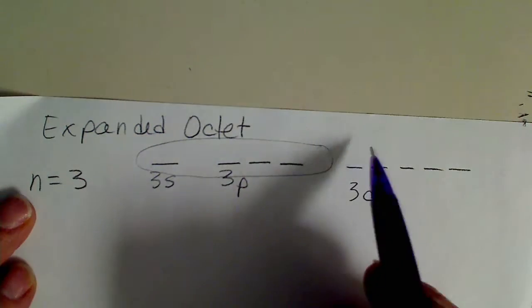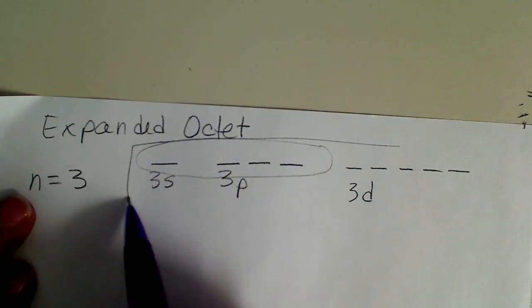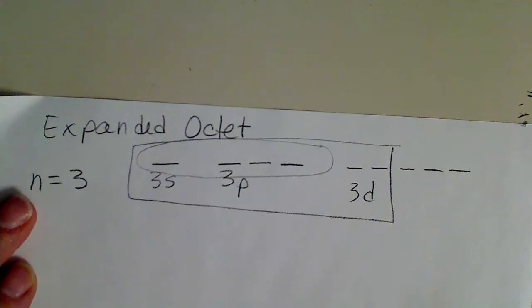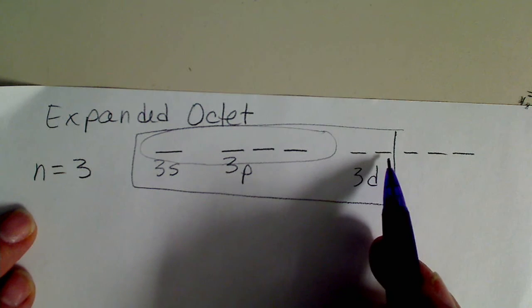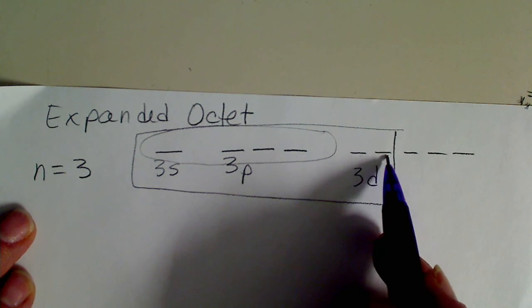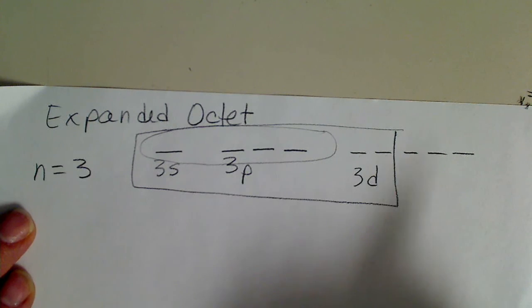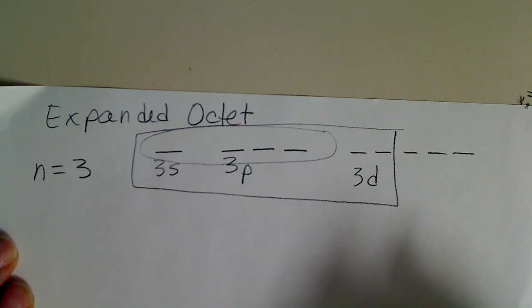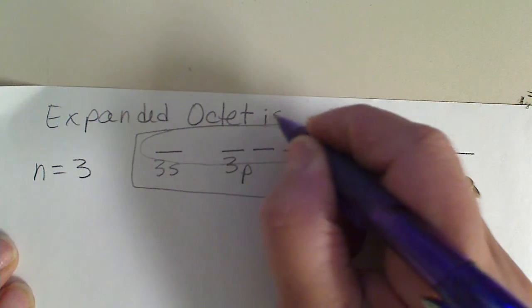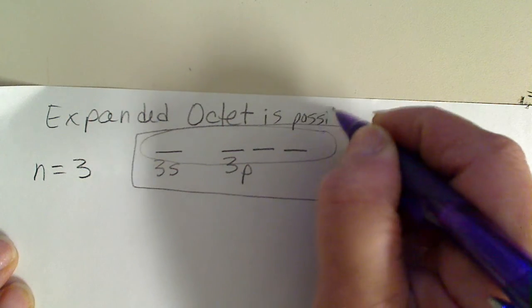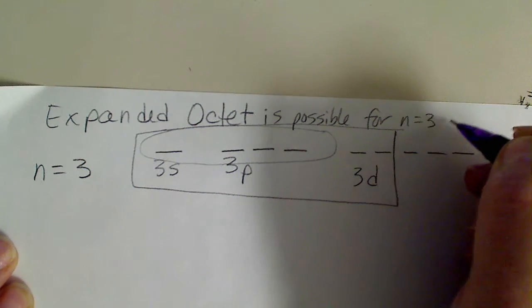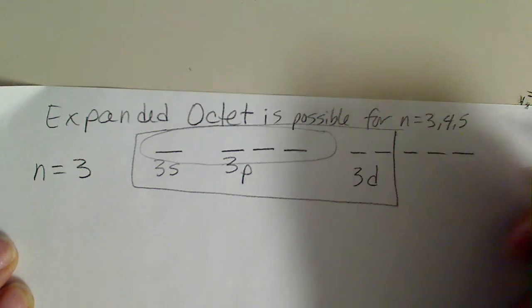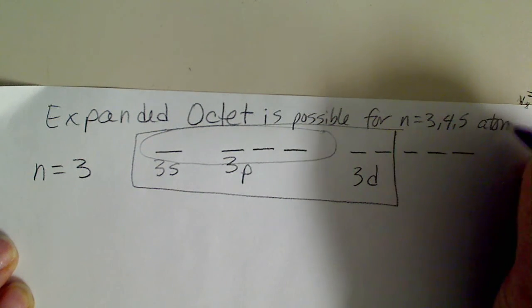So an expanded octet is going to use up to 6 orbitals, which means we're going to use 2 of those d orbitals. So an expanded octet is possible for n equals 3 or greater atoms.